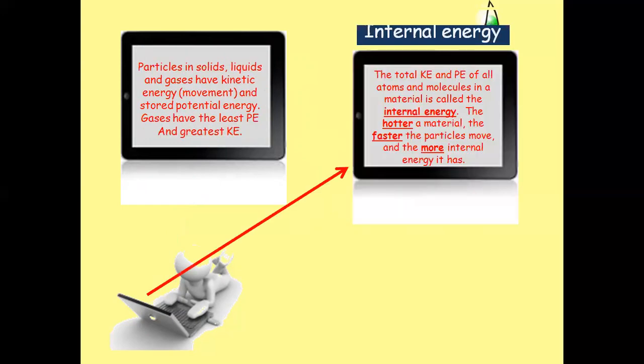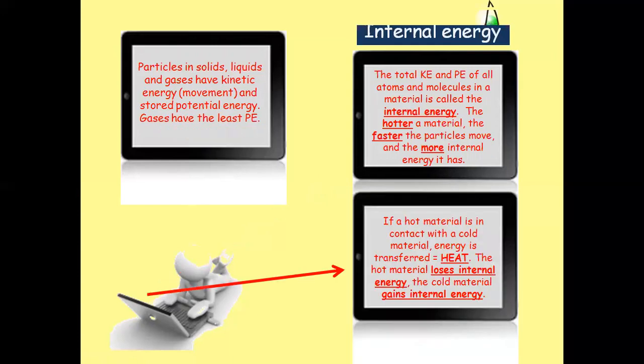Now the total kinetic energy and potential energy of atoms and molecules in a material is called internal energy. The hotter a material, the faster the particles move and the more internal energy it has. If a hot material is in contact with a cold material, energy is transferred, and this is called heat.